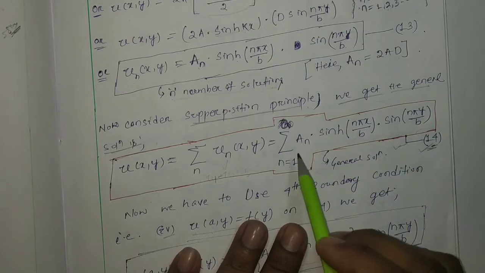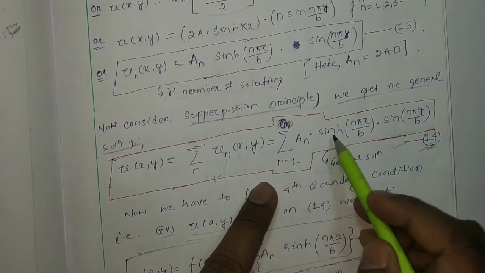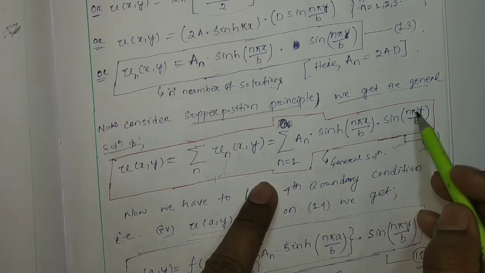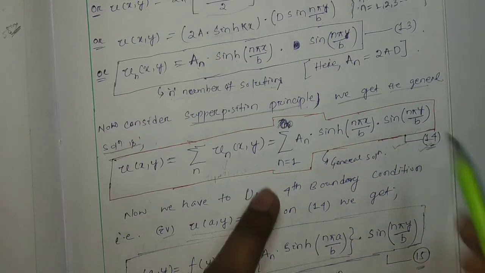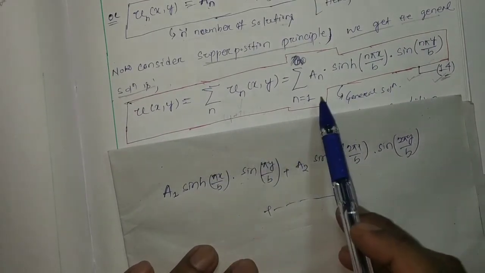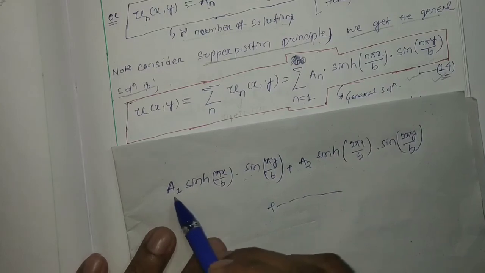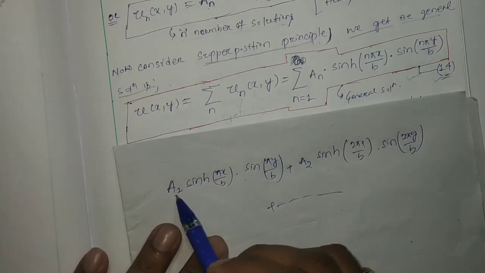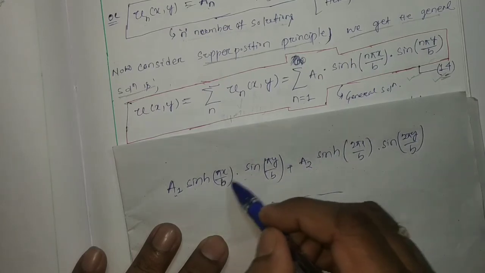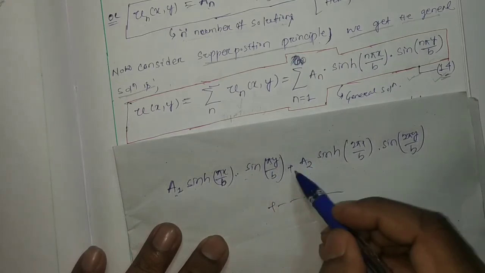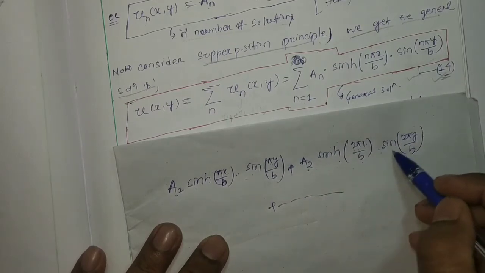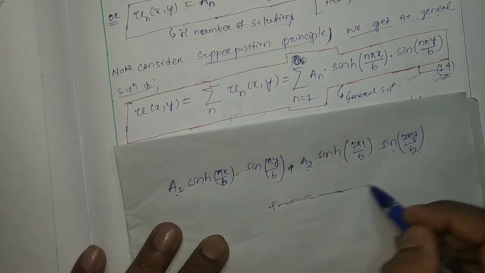If I expand this, whenever you expand it, you find a1 sinh(pi x by b) into sin(pi y by b) plus a2 sinh(2 pi x by b) into sin(2 pi y by b), and so on.